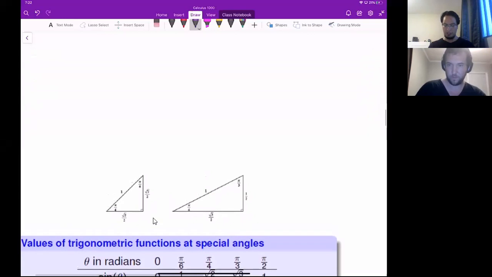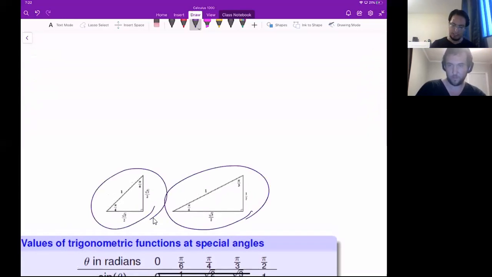So these are the two, I either call them standard triangles or special triangles. Standard or special triangles. So with this thing, we have pi over 3, pi over 6, or pi over 4.